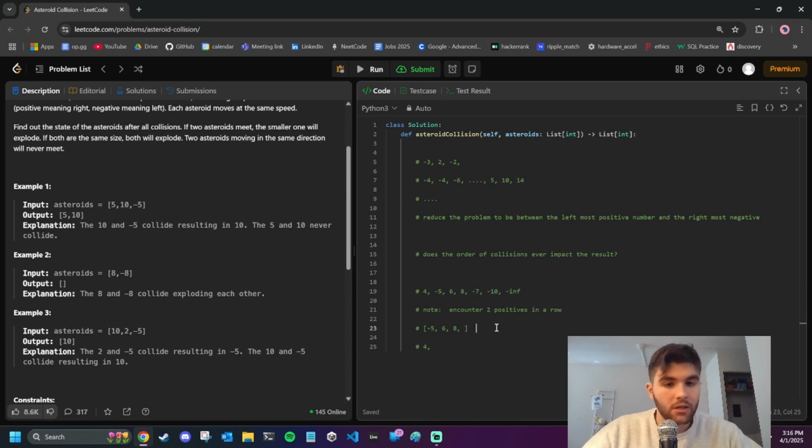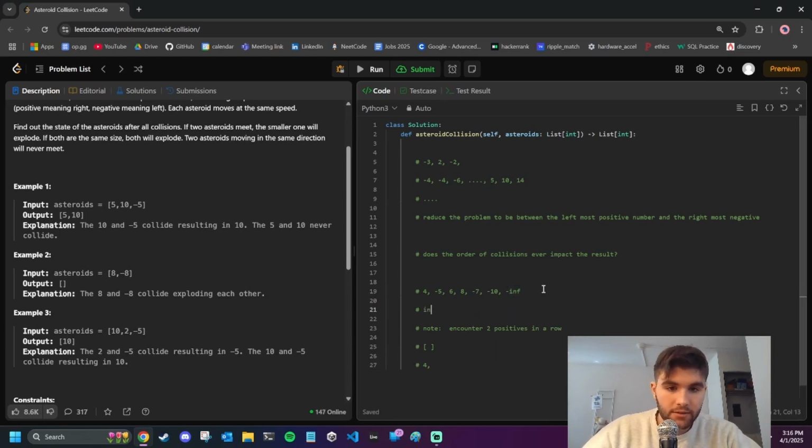So we'd say this asteroid gets broken, so we pop that off. And then this asteroid gets broken, so we pop that off as well. Maybe we should only store positive numbers in the stack.